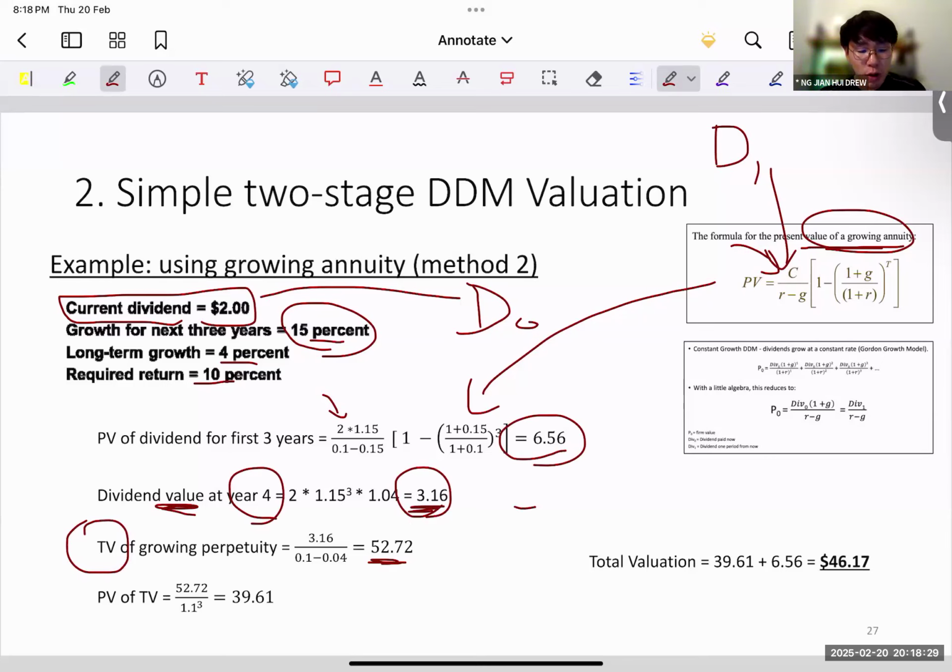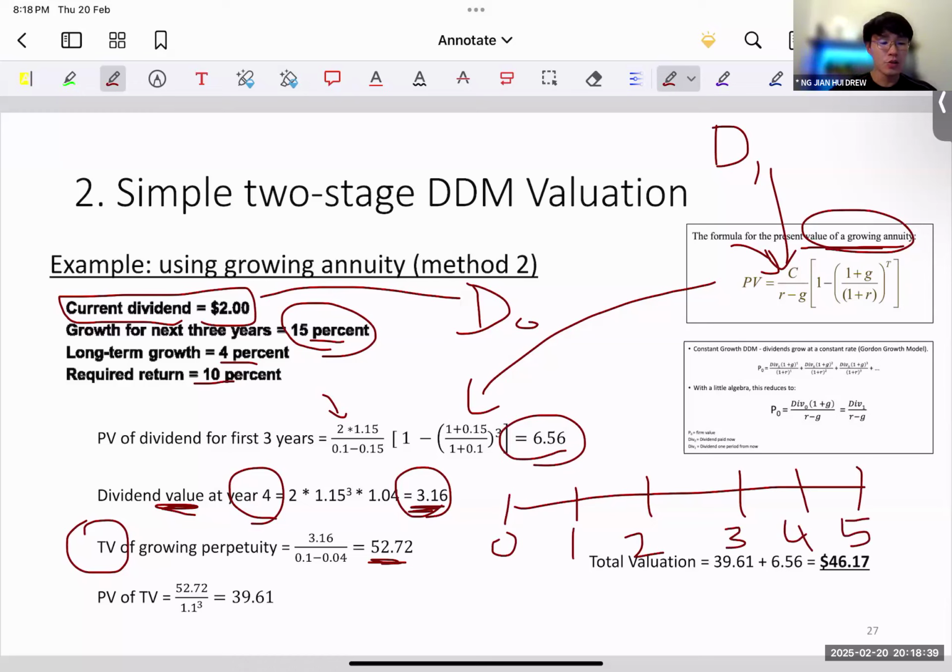Okay, I'm going to draw a timeline just for explanation so that you have a better understanding of what's happening here. 1, 2, 3, 4, 5, right? So we know the first 3 years is calculated using the growing annuity formula here. Now, on the 4th year, we have calculated the dividends to be 3.16, right? On the 4th year here.